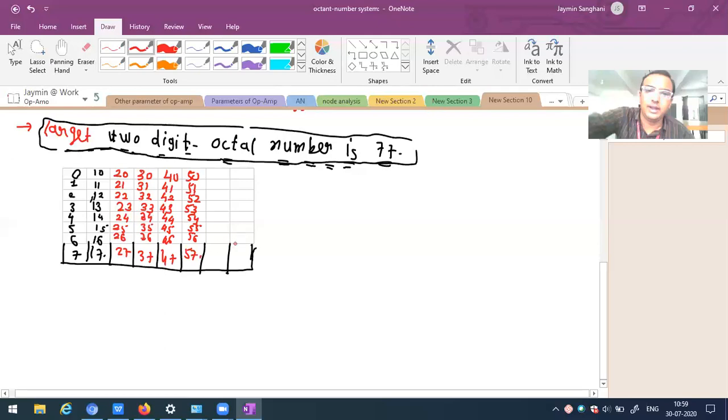See this, this is the largest value of a digit.